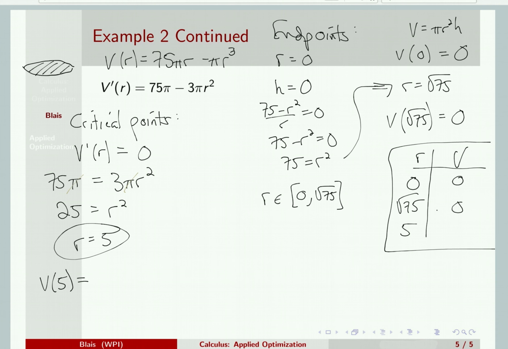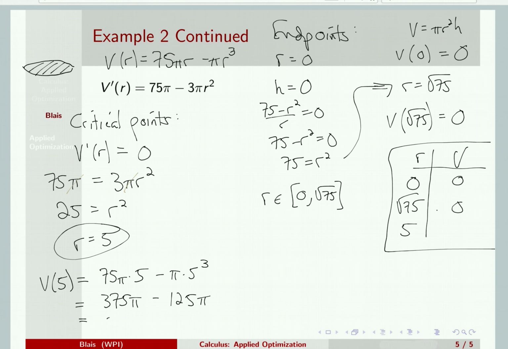Thus, when we plug in 5 for r, we get 75 pi times 5 minus pi times 5 cubed, or 75 times 5 will be 150, 300, 375 pi. 5 cubed is 125.